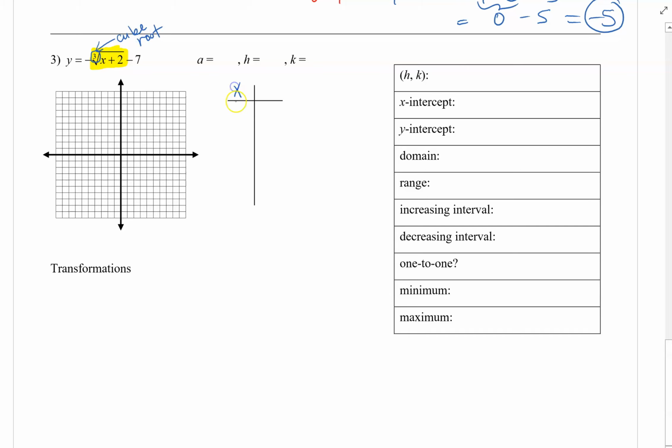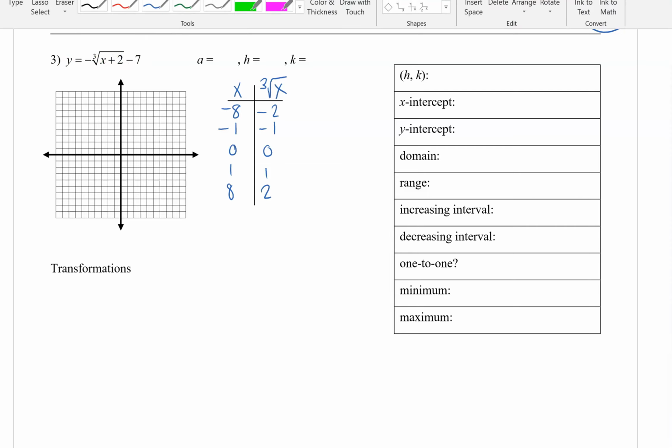So when I'm deciding what x's to plug in, I want to pick x's that are perfect cubes, and that means I can plug in negatives. So I'm just going to use the same x's and the same y's that I used in my last parent function, because we just did this table, so it's okay to use those same values.